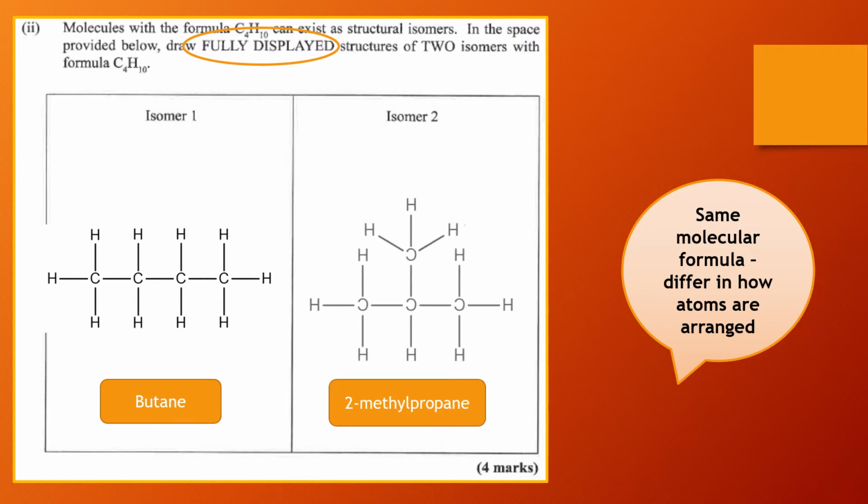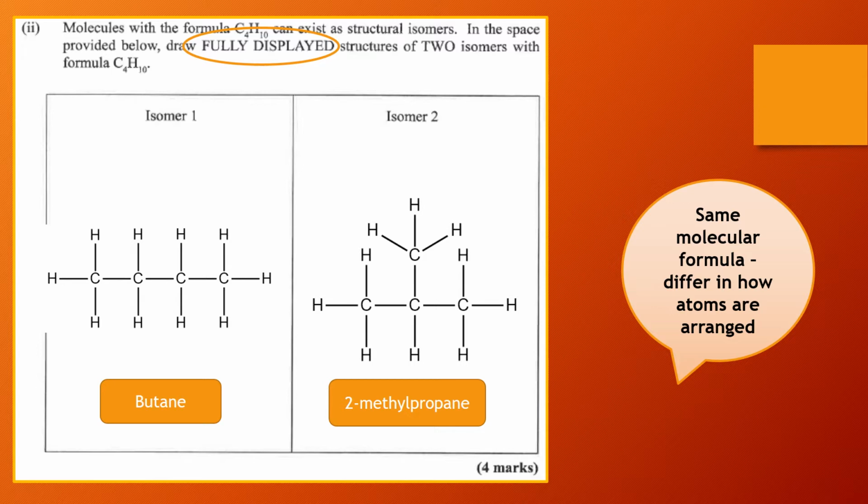So in this case, if we add a methyl group, so we move one of the CH3 groups at the end and place it in the middle, we now have an isomer. And to name this isomer, we note that our branch is a methyl group, CH3 group, so it's an alkyl group. And it's on the second carbon if we count from either direction. And so it is 2-methyl propane.